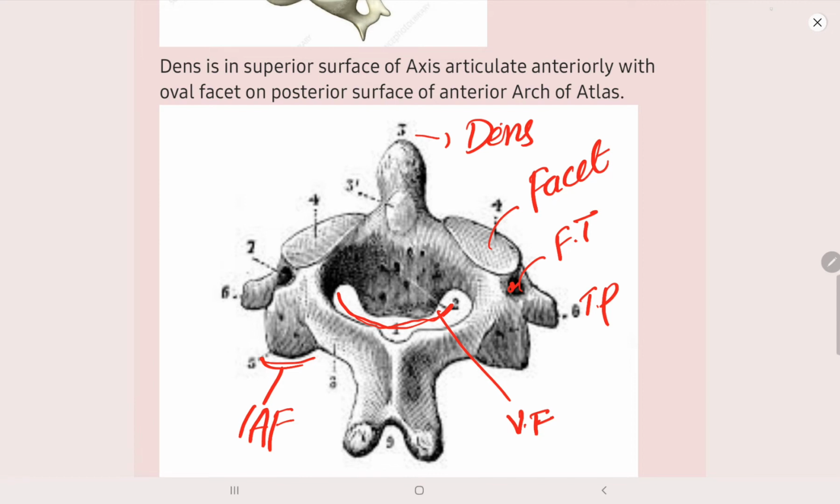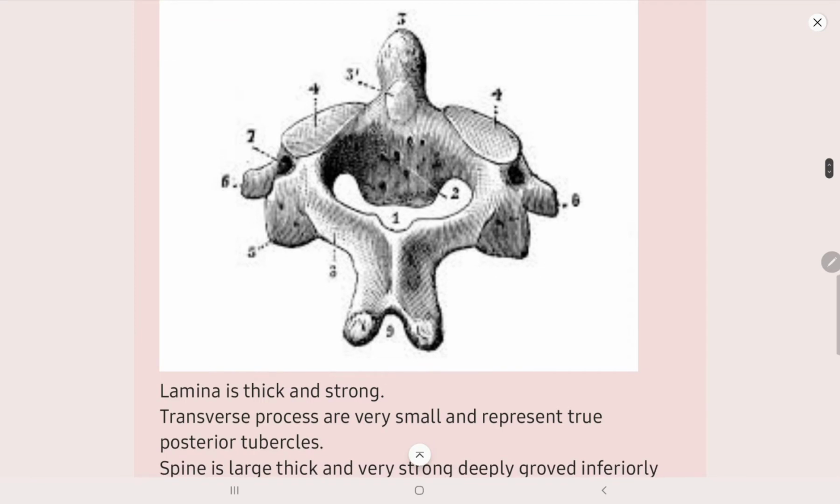Then here there is a special character of the axis. Not only the axis but all the other cervical vertebrae have it, but the atlas doesn't. From the axis onwards to C7, the vertebrae have bifid spinous processes.